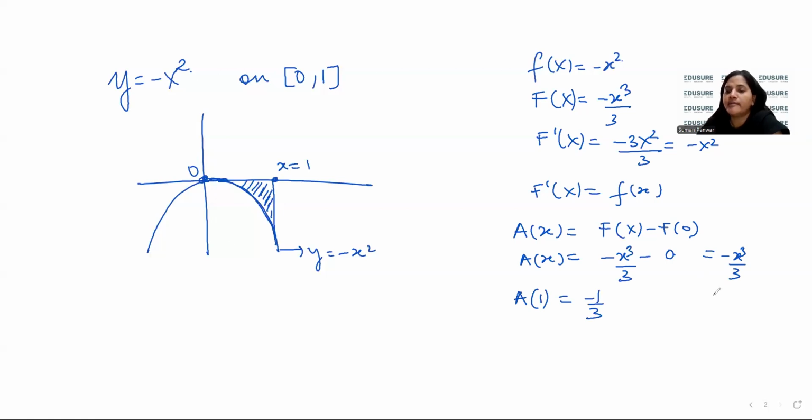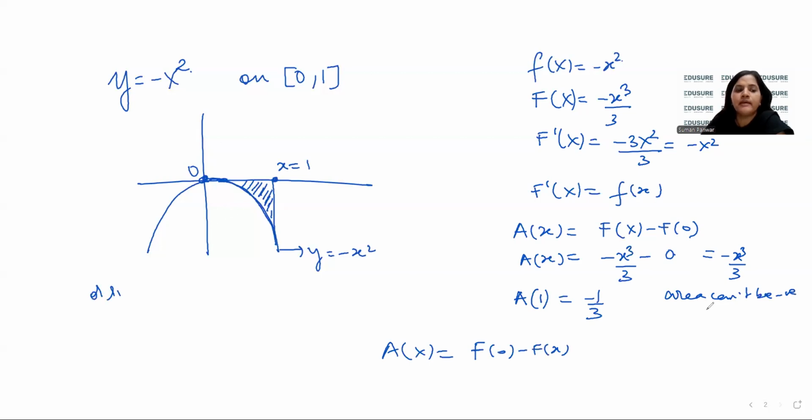So area can't be negative. So either you use the formula A of x equals to F of 0 minus F of x, or simply you take the absolute value of A of x when y equals to f of x is below the x-axis.